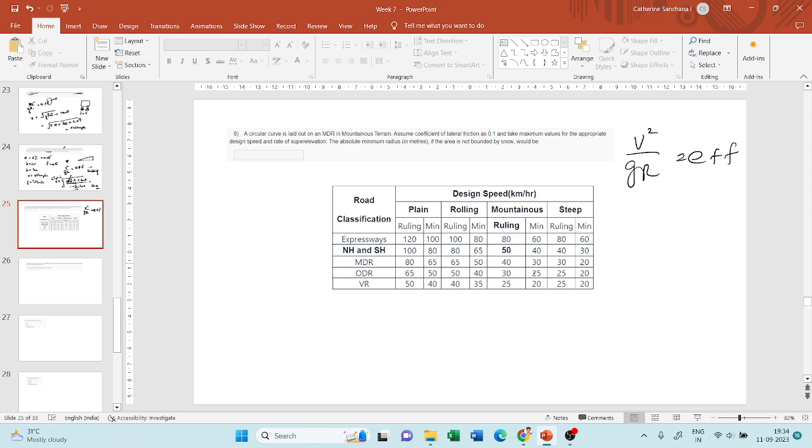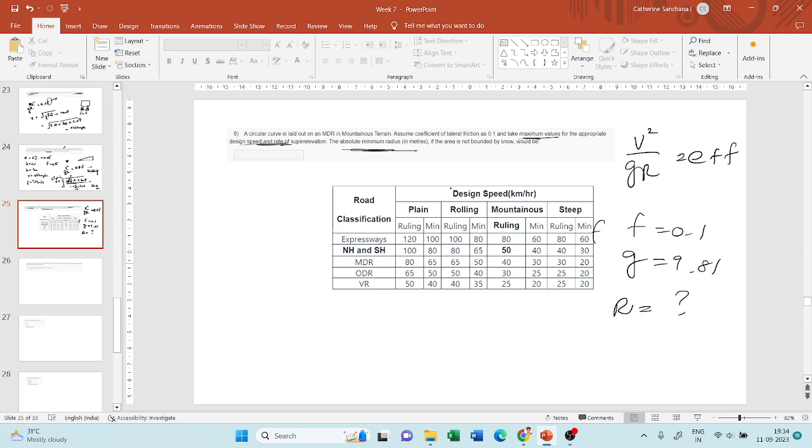Okay, now what all has been given and what has been asked. Okay, f is given as 0.1, g you have to assume as 9.81, right? R is what you have to find out, and they've said that you have to find out the absolute minimum radius, provided you give maximum values for design speed and rate of superelevation.